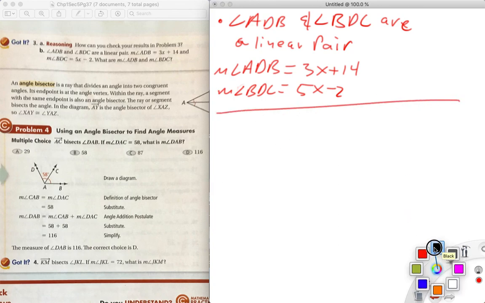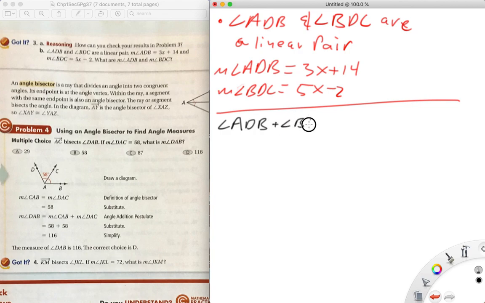Since I know that they're supplementary, I know that angle ADB plus angle BDC equal 180 degrees because they're linear pairs.